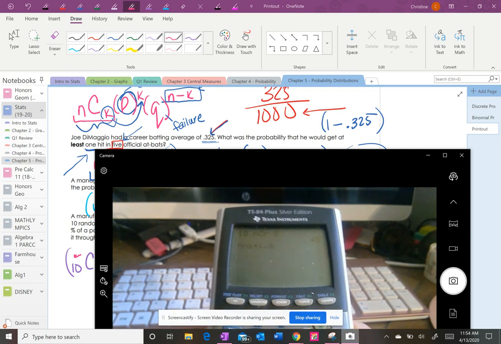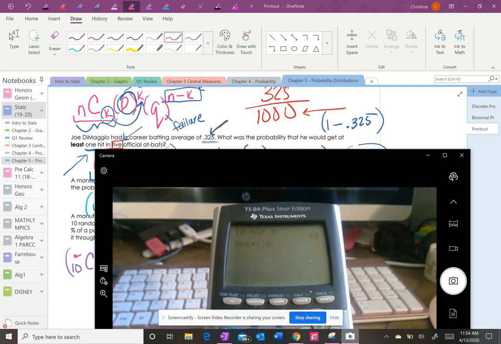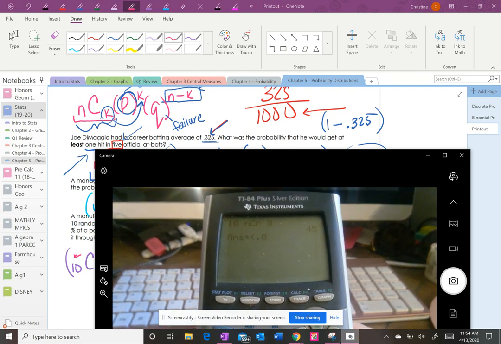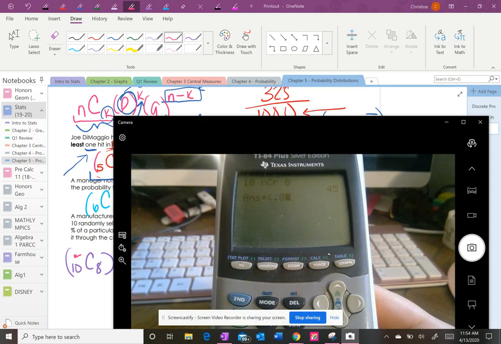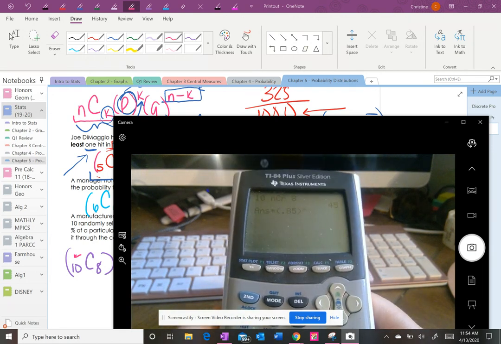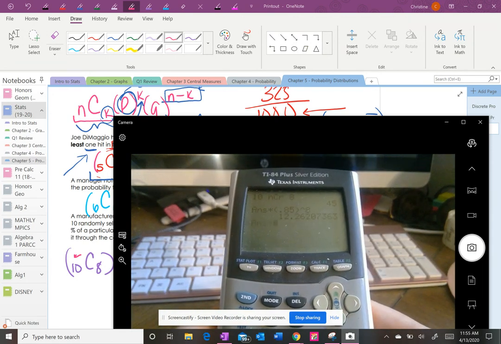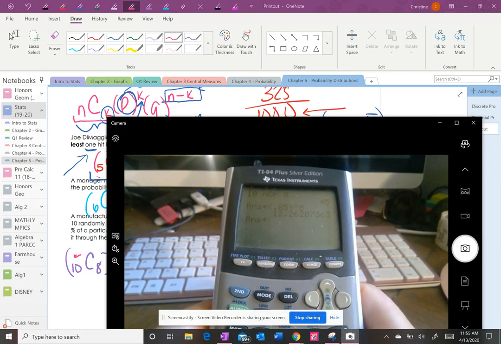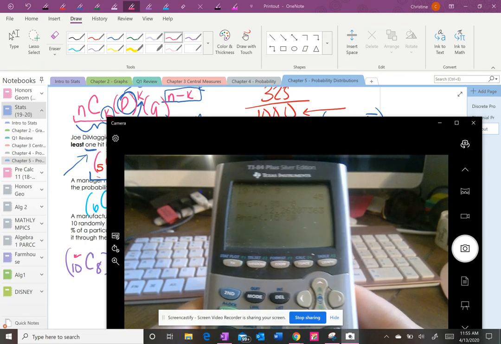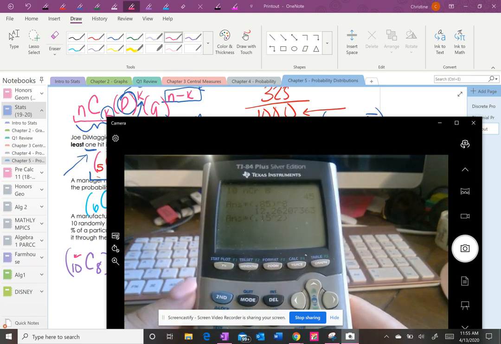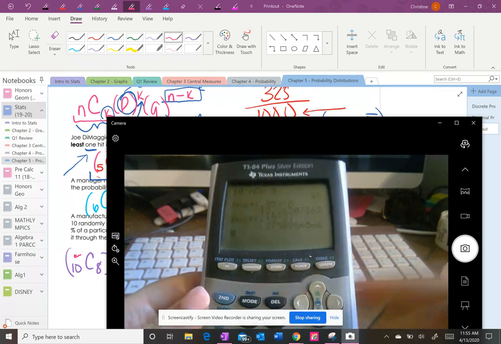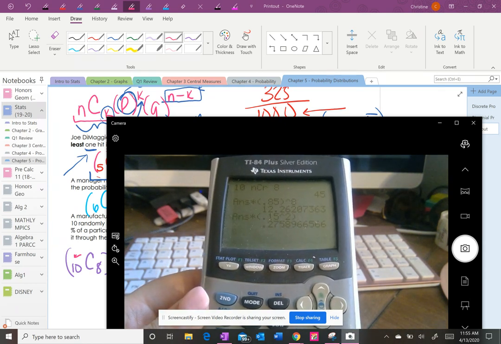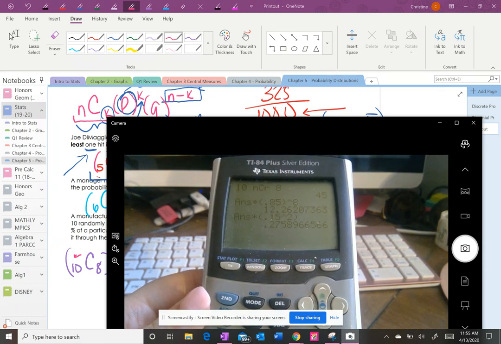Times 0.85 to the 8th power. Times 0.15 to the 2nd power, or squared. So 0.2758, or 27.6%.